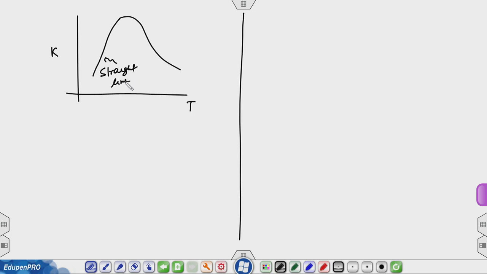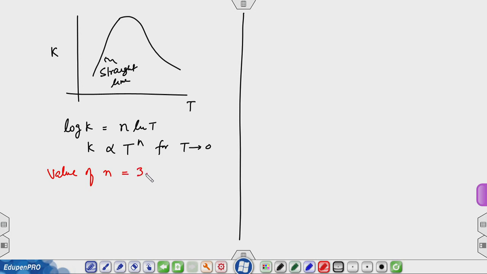Since this is log scale, you have log kappa equal to some number n log T, or kappa is proportional to T raised to n for T going towards 0. And this value of n is 3. That is point number 2.